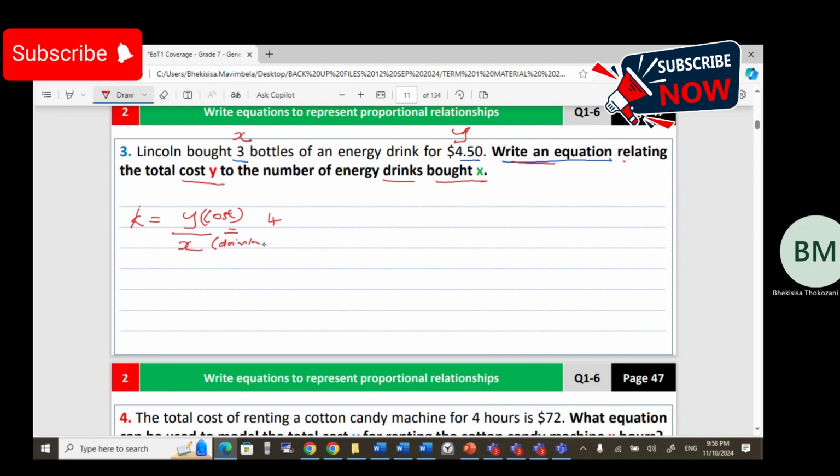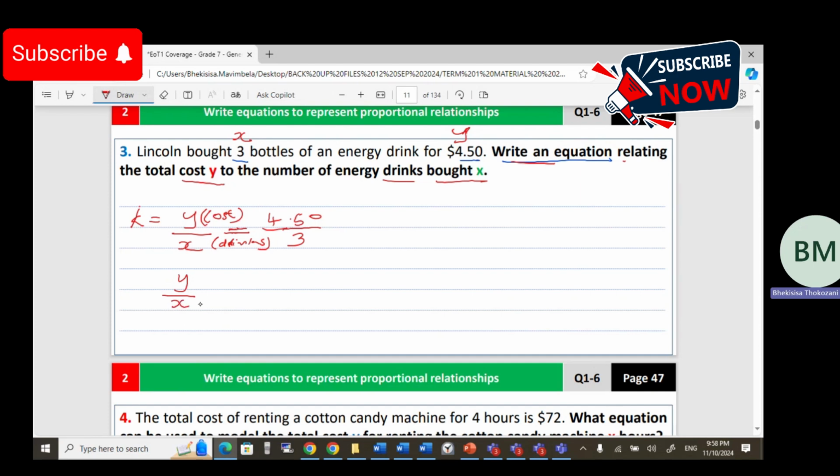Okay, so that you don't get confused. Why am I choosing these? Because they told me in the statement. Okay, so this is 450 divided by 3. Okay, just write it clear here.